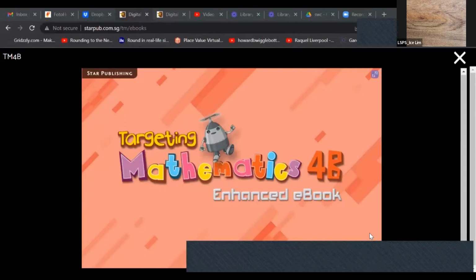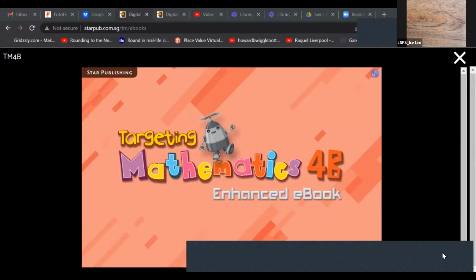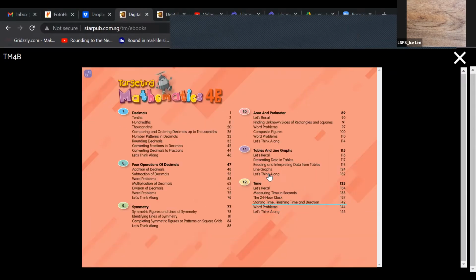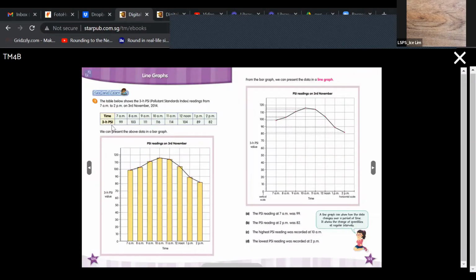Okay, so let's take a look at the part on the line graphs and see how it got us to the lines. Let's take a look at the part on the line graphs in our book here.